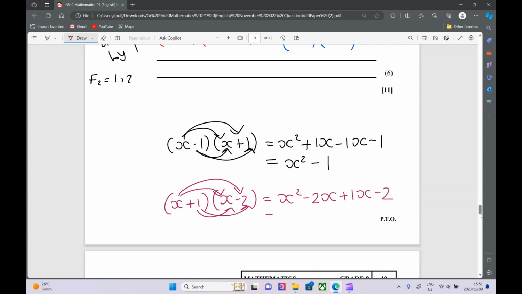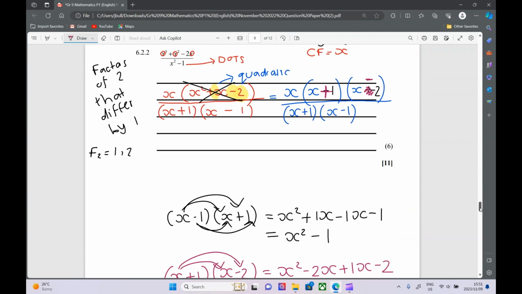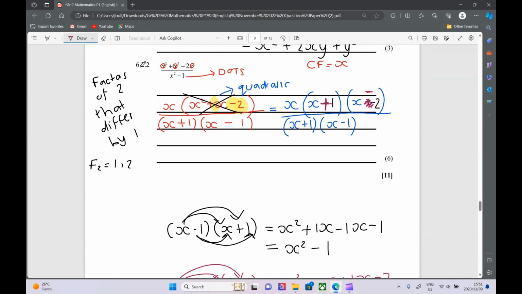If we simplify this, we end up with x squared minus 2 plus 1 is minus x minus 2. And that is the original quadratic that we had. Okay, so then we know that the signs are right because we get back to this one. So we know we've done it right. Okay, stick with me, we are nearly there.